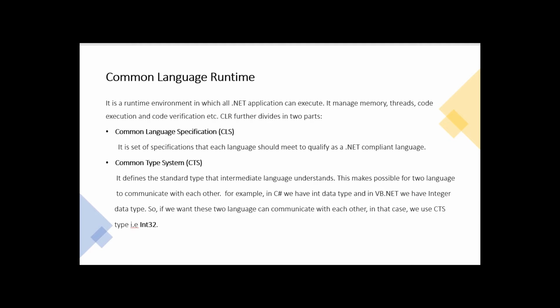For example, in C# we have the int data type, and in VB.NET we have the integer data type. So if we want these two languages to communicate with each other, we can use the CTS type, that is Int32.